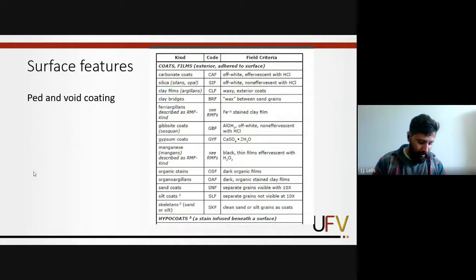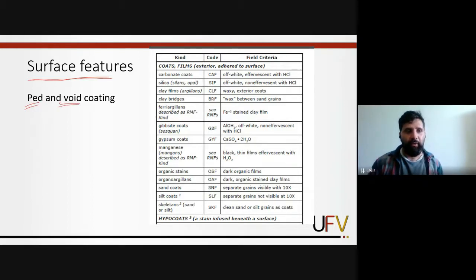Okay, we have other properties that we should describe too, and some of them are the surface features, which are features created or formed on the surface of peds and voids. Okay, so if we see a ped, we should describe the type or the shape, the size, and the grade of the structure.